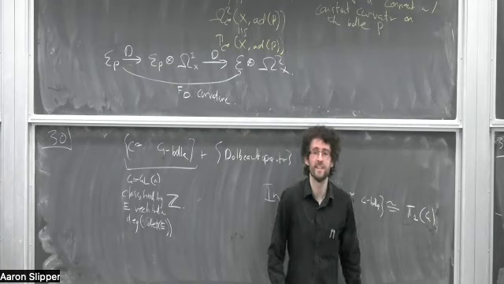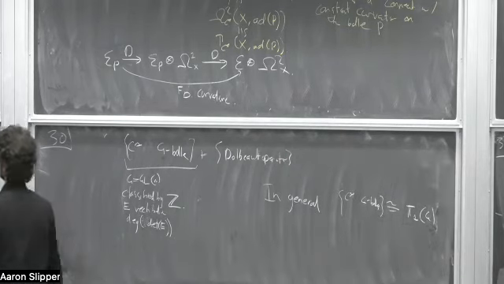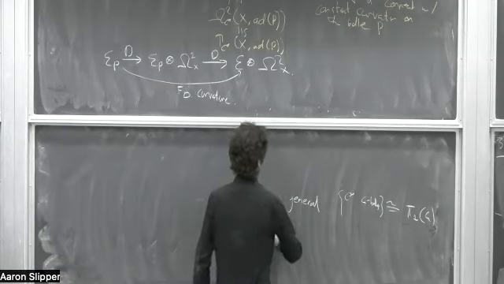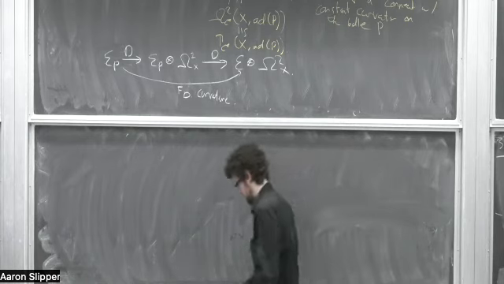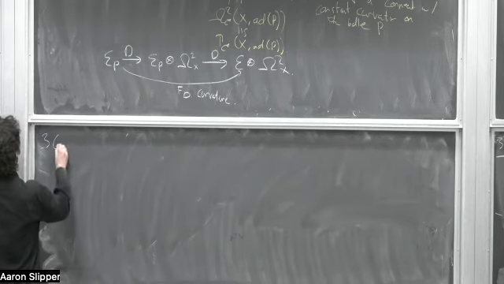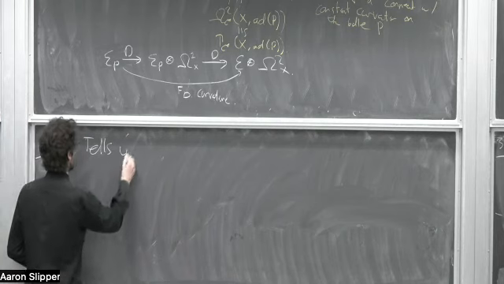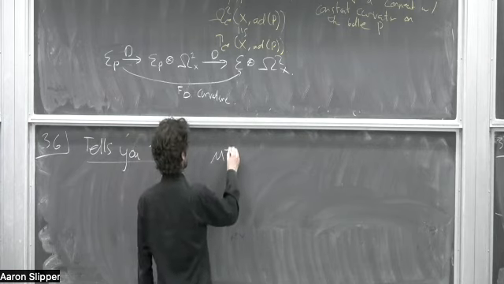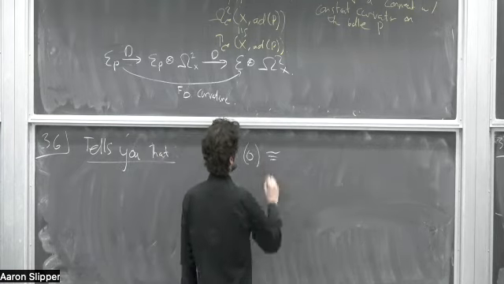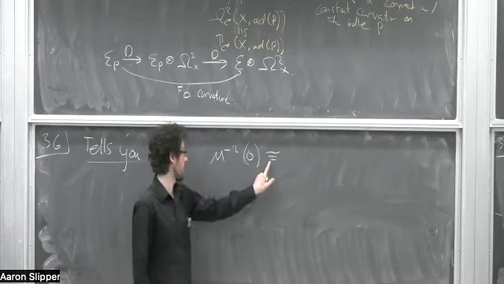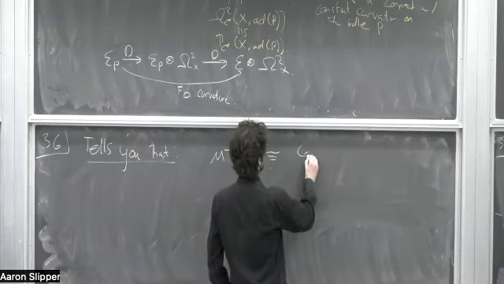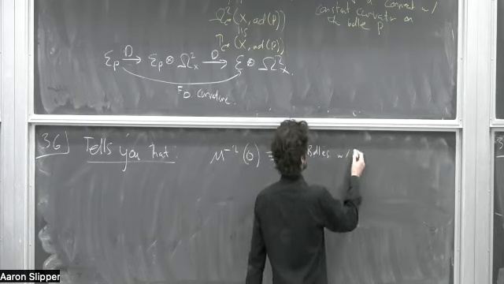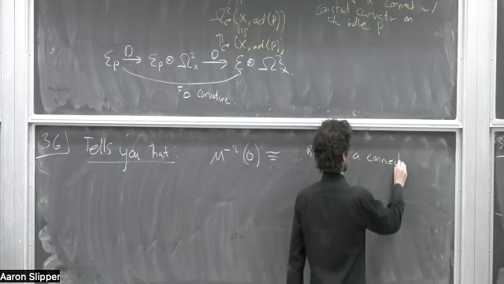And if you believe me that this is the moment map, then it tells you immediately that mu inverse of 0 is equivalent to connections on bundles with a connection of constant curvature.